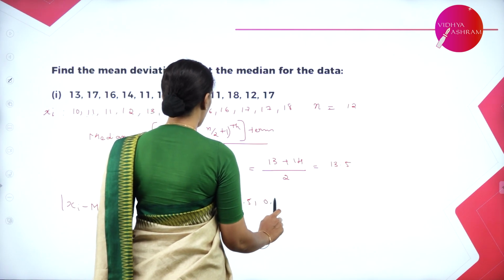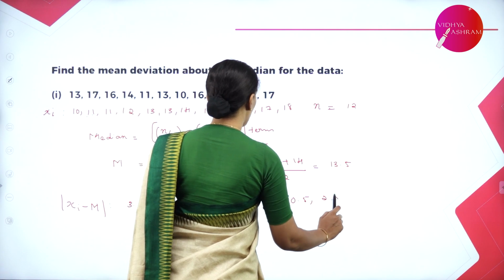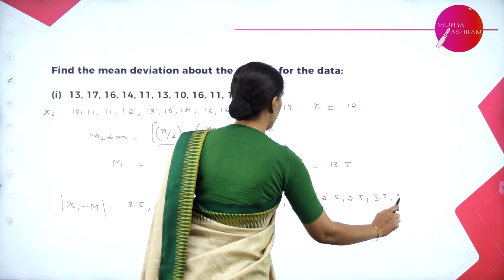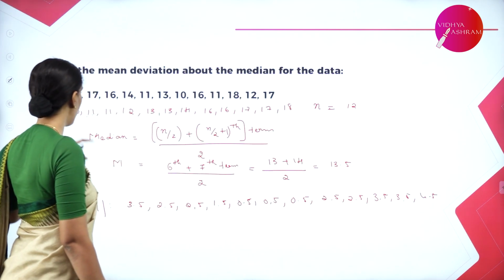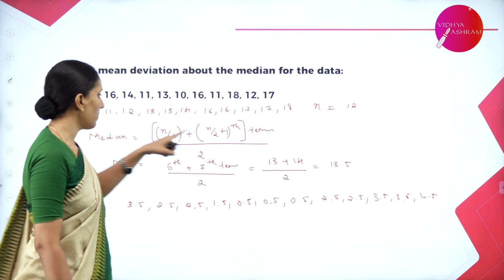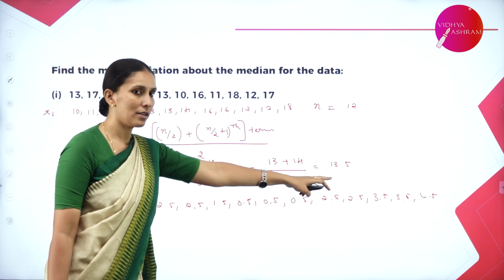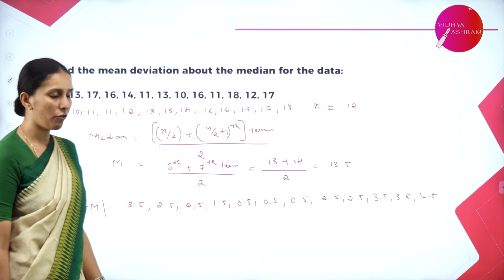Next we have 0.5. Again we have 0.5. Next we have 2.5, 2.5, 3.5, 3.5, 4.5. That means you are taking the difference of each observation with respect to 13.5. So 10 minus 13.5 becomes 3.5. Similarly, 16 minus 13.5 becomes 2.5. 18 minus 13.5 becomes 4.5.